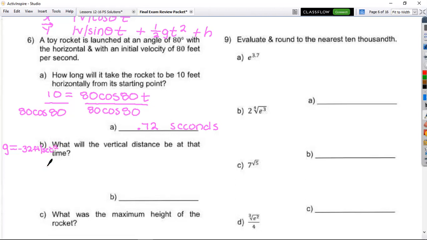All right, so we're going to start plugging into that formula. So I'm going to have y is equal to 80 sine 80 times the answer we just obtained, which was 0.72, and then plus 1/2, and then the negative 32, and then times 0.72 squared.